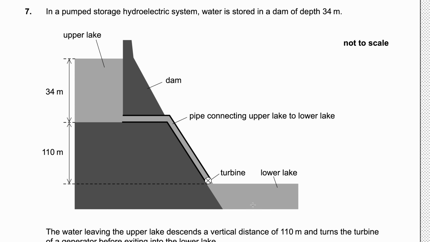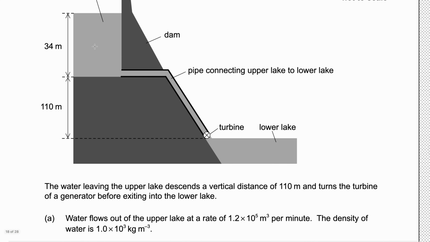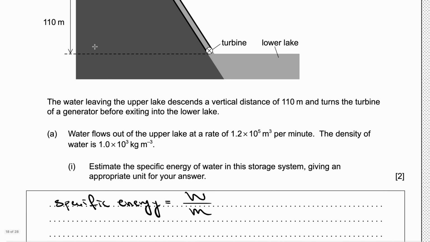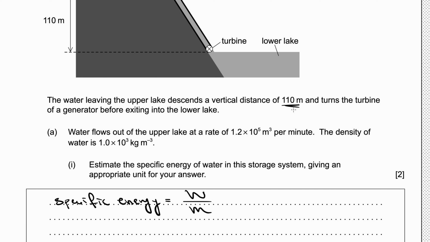So for this question, we're told that in a pumped storage hydroelectric system, water is stored in a dam of depth 34 meters. The water leaving the upper lake descends a vertical distance of 110 meters and turns the turbine of a generator before exiting into the lower lake.